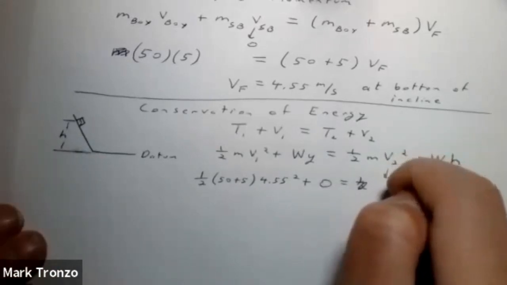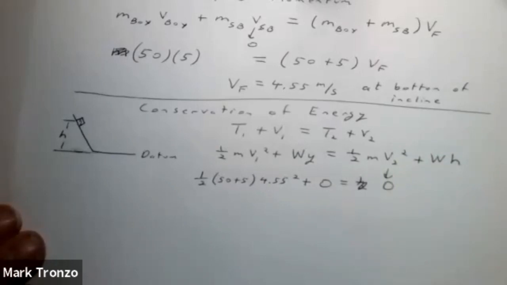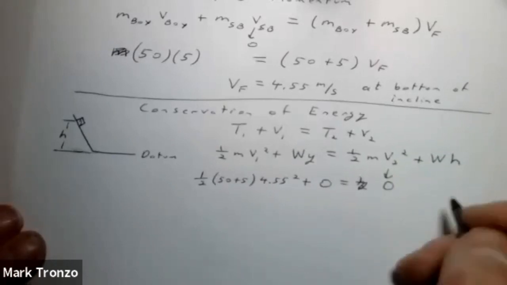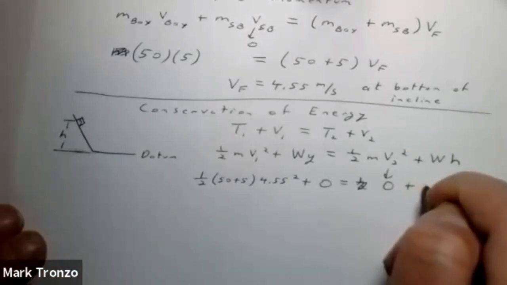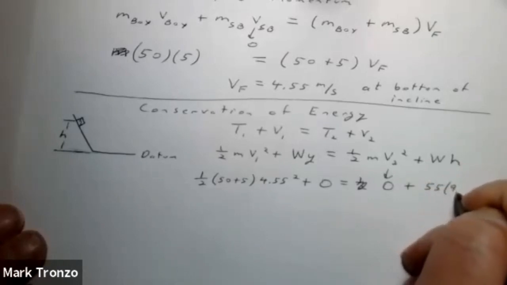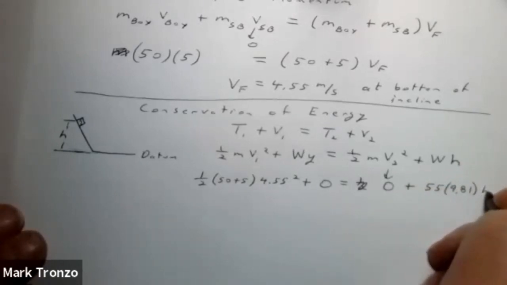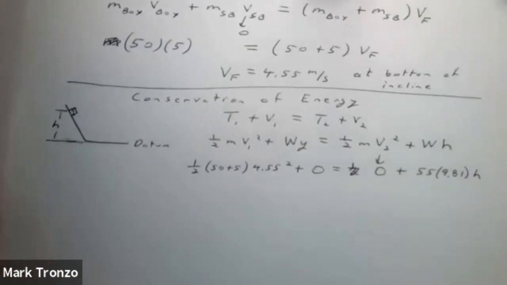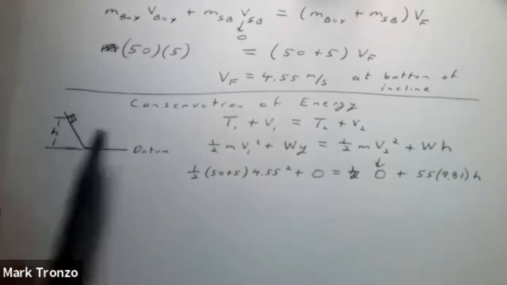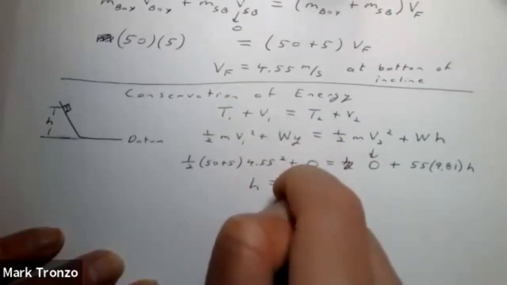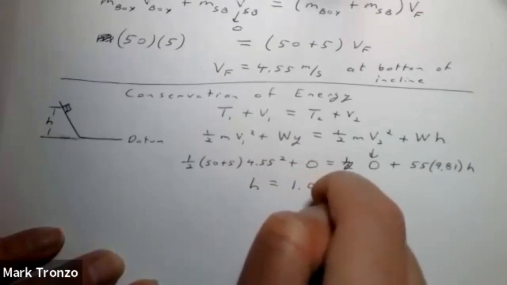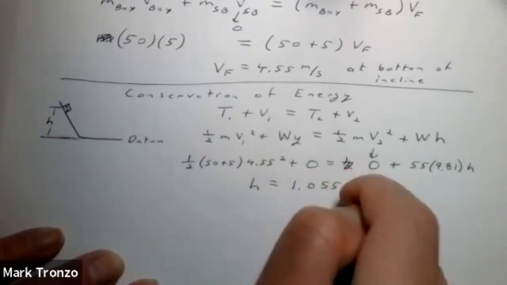So the velocity there, of course, is going to be 0. And then his weight, he'll be above the datum line, so it's going to be positive: 55 times 9.81 times the height. So again, just using the basic conservation of energy. And solve for h, and we get 1.055 meters.